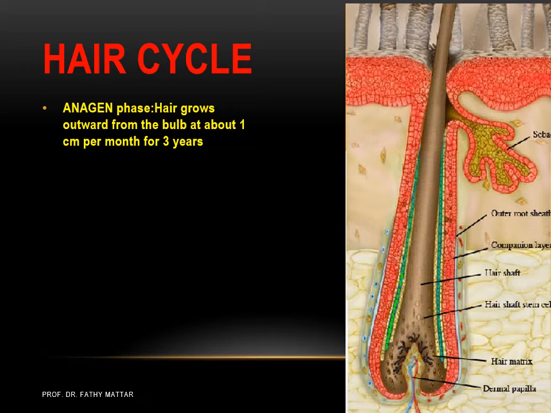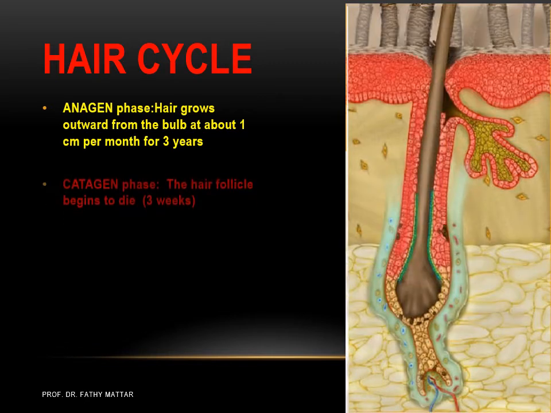And so as long as the bulb is there with its cells, the hair shaft is continuously formed and elongates. This phase is called the anagen phase. So the hair grows outwards in this phase from the bulb at about 1 centimeter per month for 3 years.